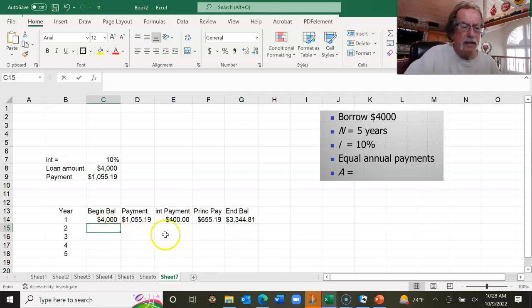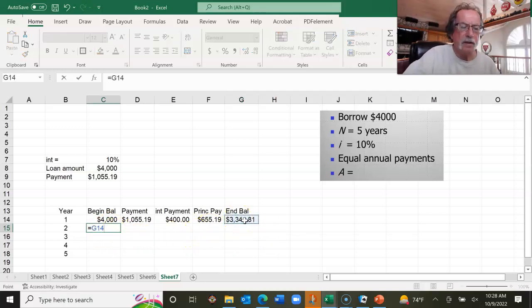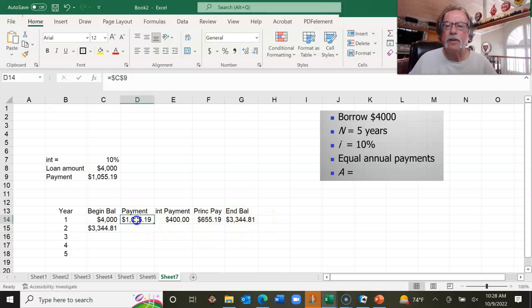Year two, our beginning balance is going to equal the prior year's ending balance. Principal payment is going to be the same. Our interest payment is going to be 10%. Let me line this up better.